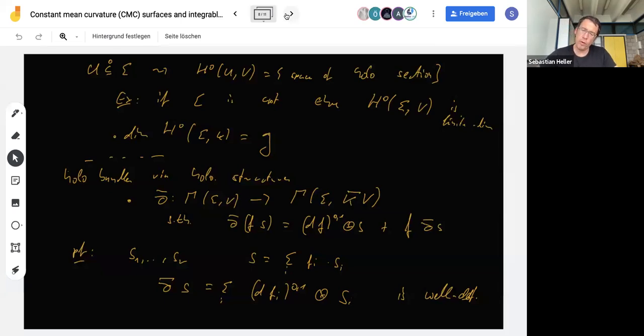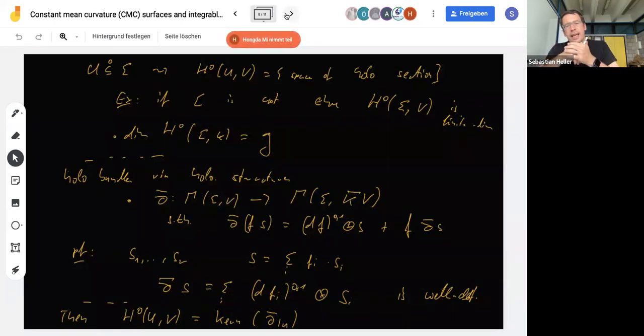So we have a holomorphic structure, and it satisfies the following very important property: the space of holomorphic sections in V over some subset U is exactly the kernel of the operator del bar if we restrict to sections which are only defined on U. So the kernel gives us the holomorphic sections.